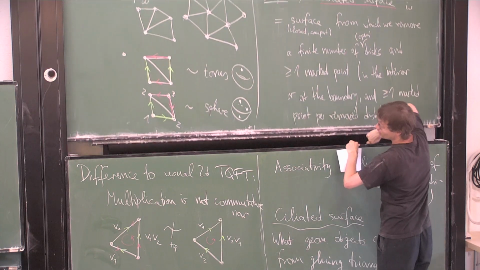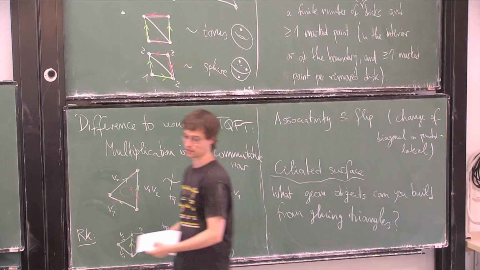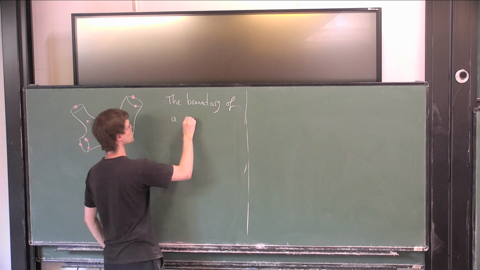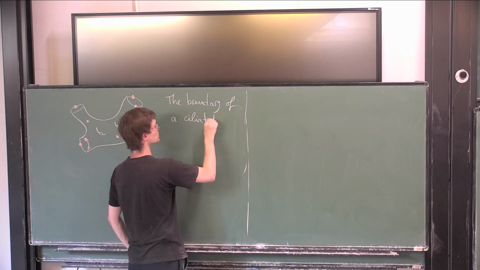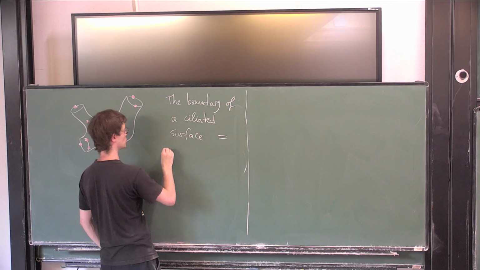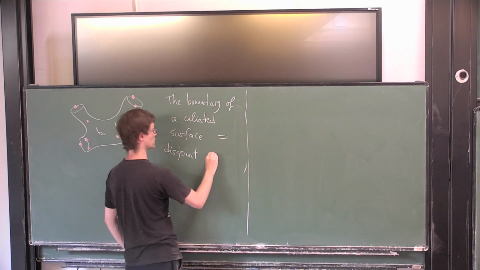And so now what I call the boundary is literally these arcs at the boundary. So the boundary of a ciliated surface is a disjoint union of arcs, of intervals.